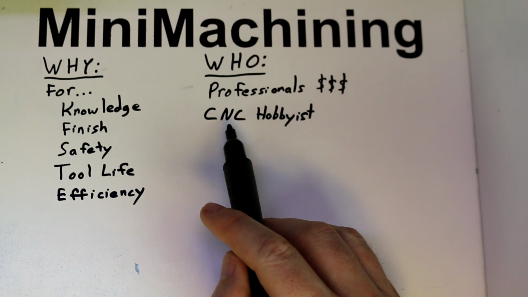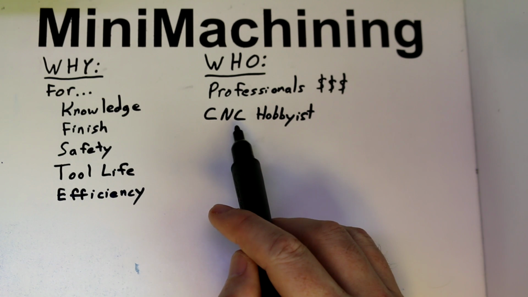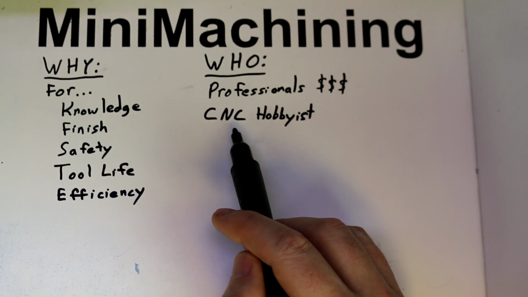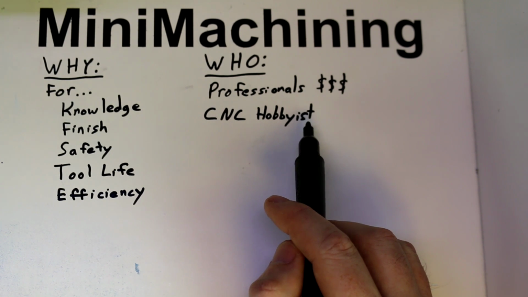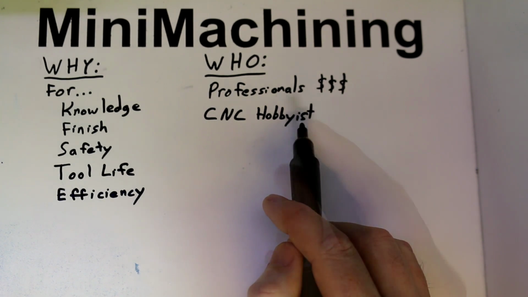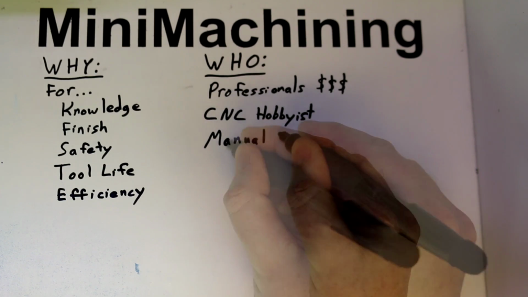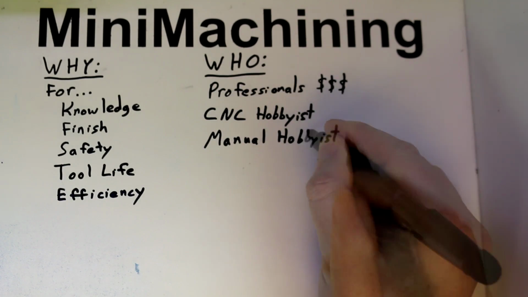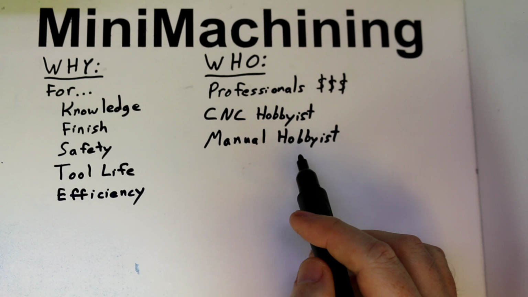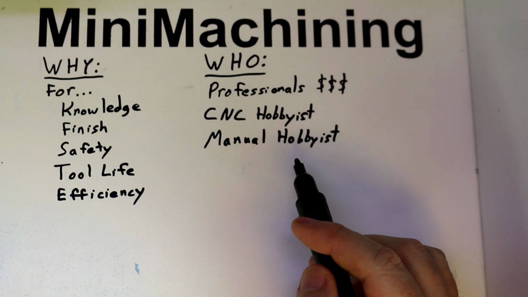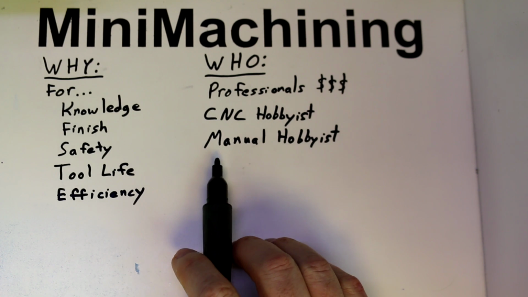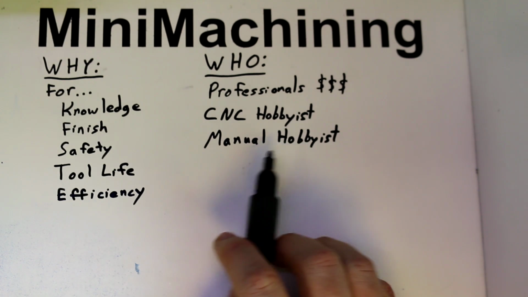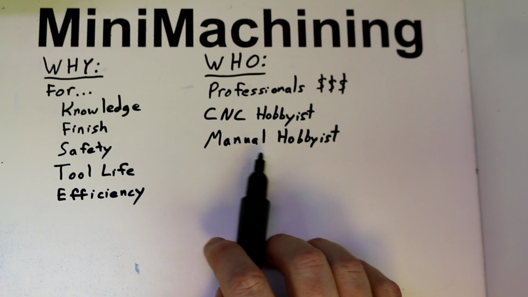So if you're looking at CNC, you're going to be wanting to address the feeds and speeds quite a bit more, because you're taking some of the feel and the finesse out of it and putting this into a computer that's going to be calculating everything via straight raw math. And then last are the manual hobbyists, which is where we're at right now, at least where I'm at on my machines. I'm not running CNC in any of these videos yet, but we still do sometimes want to be able to push the speed that we can produce a part at a little bit faster.